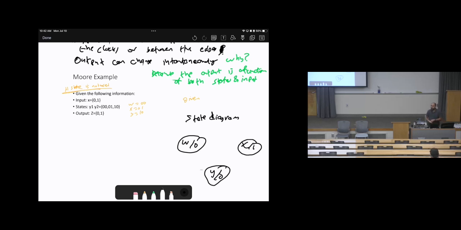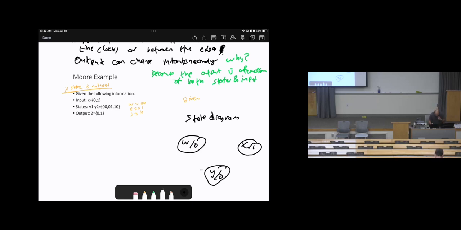And this diagram is different from the Mealy model because the output is associated with the states. Then the output is a function of states only. The output is not a function of the inputs. It's only a function of states.